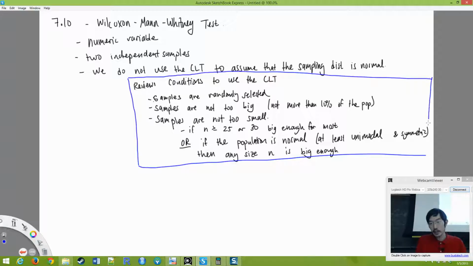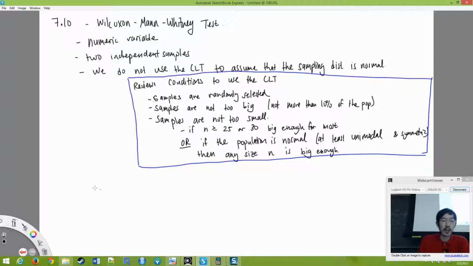And the central limit theorem said that the sampling distribution follows a normal distribution, and because of that we can then use the t-distribution in our t-tests, and all of that stuff is based on that, okay? And this is the key distinction with the Wilcoxon-MannWhitney test, is that here we are not using the central limit theorem, okay?